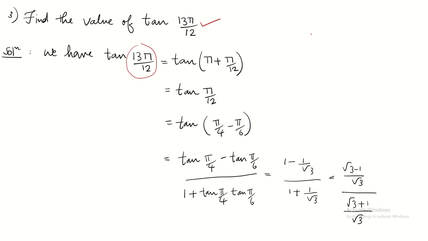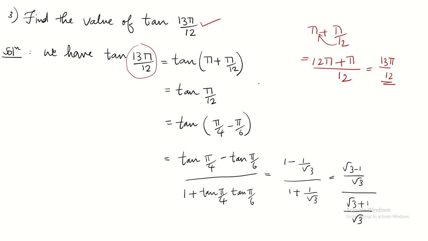How is it? See here, pi plus pi by 12 is equal to, if you cross multiply, 12 pi plus pi divided by 12. So 12 pi plus pi, 13 pi by 12. So this 13 pi by 12 we can write in terms of two angles, that is pi plus pi by 12.